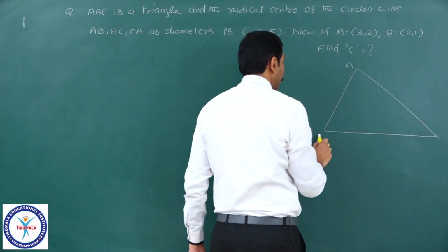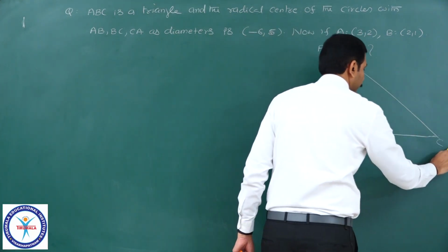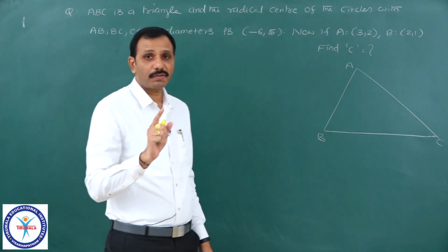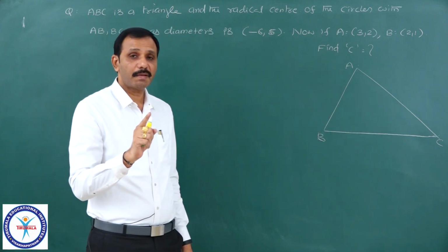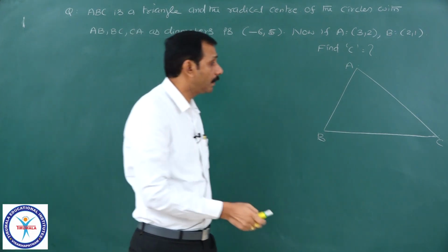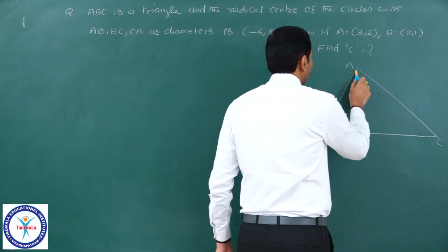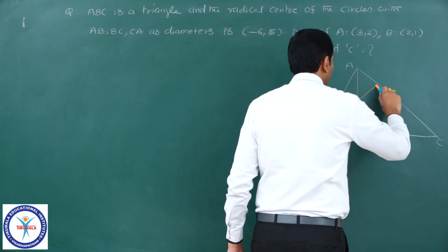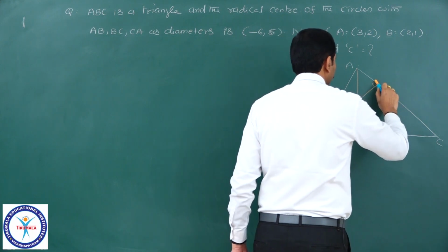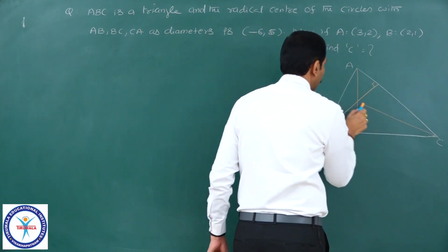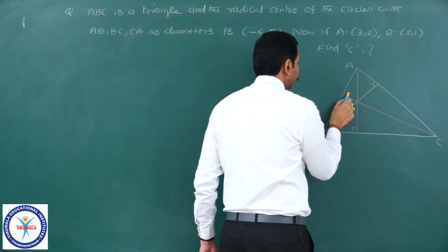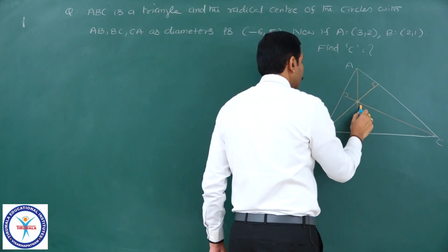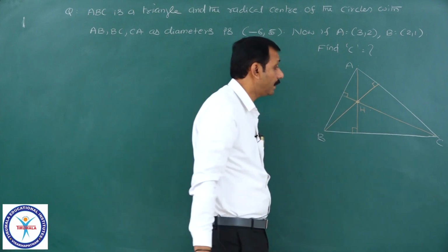If you take any triangle ABC, what is the orthocenter? The orthocenter is nothing but the point of intersection of the altitudes. Let me take this one altitude, this the second altitude and this the third altitude, and this is the orthocenter of this triangle ABC.